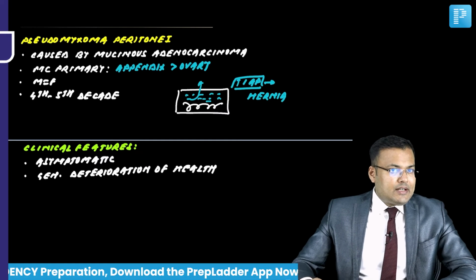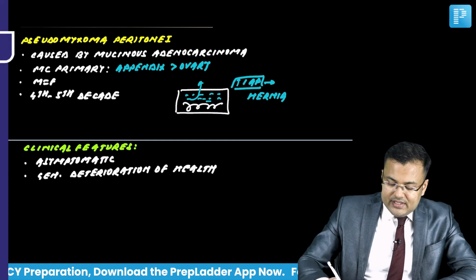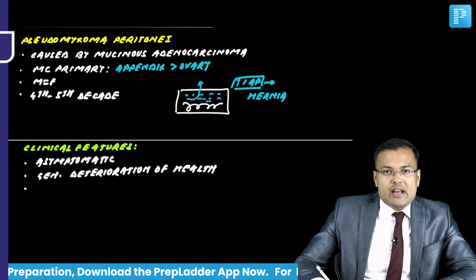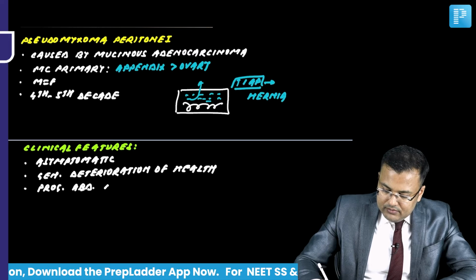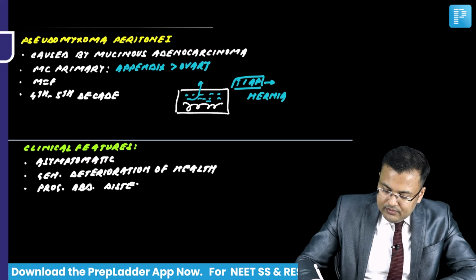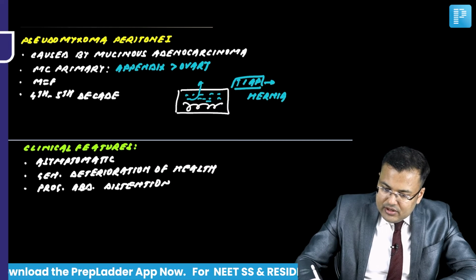Clear? After that, whenever there is significant collection of this jelly-like substance, these patients have progressive abdominal distension. Okay. What are the findings on examination?